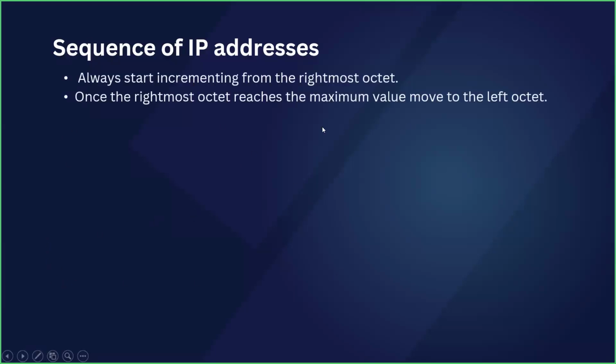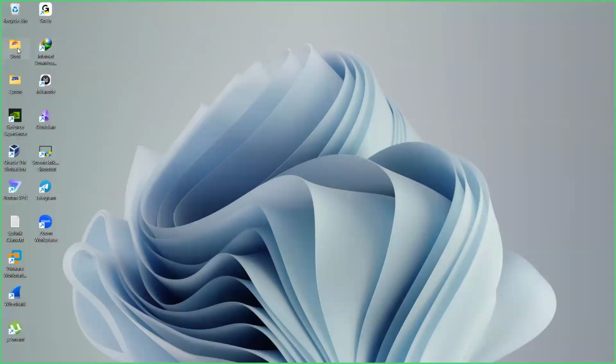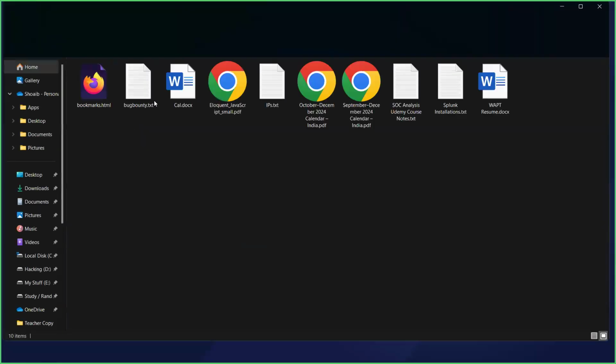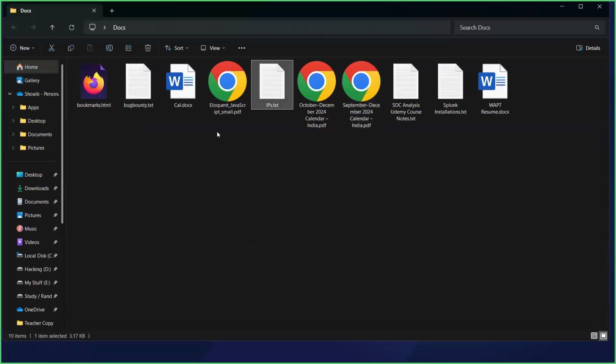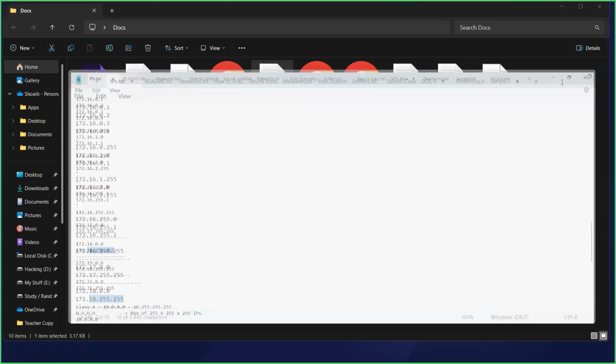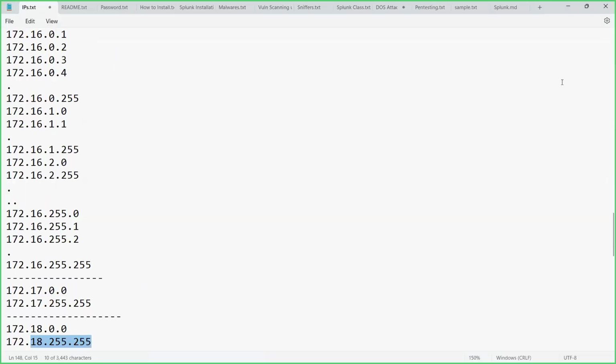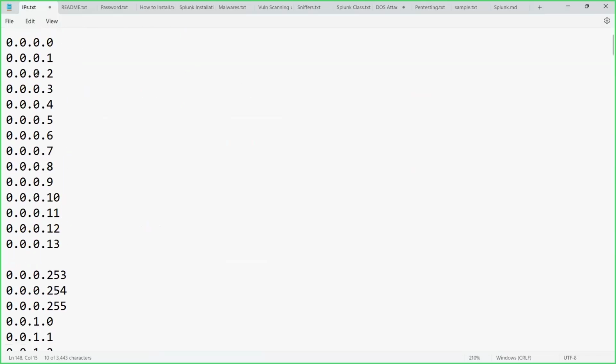So to understand the sequence of IPs, there are two simple rules again. Rule number one is you always start incrementing from the rightmost octet. So what I mean by that is, for example, if this is my IP, first IP here, 0.0.0.0. In order to get the next IP, all I have to do is increment the rightmost octet.